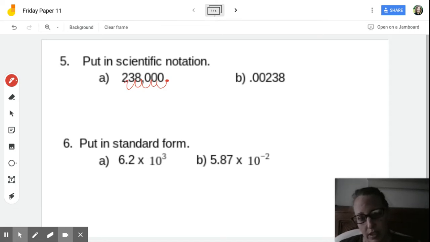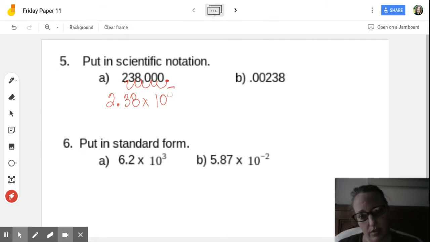So I'm going to put that right there, 2.38. Those are the significant digits that we need. Times 10 to the, I'm counting, 1, 2, 3, 4, 5, 10 to the 5th.